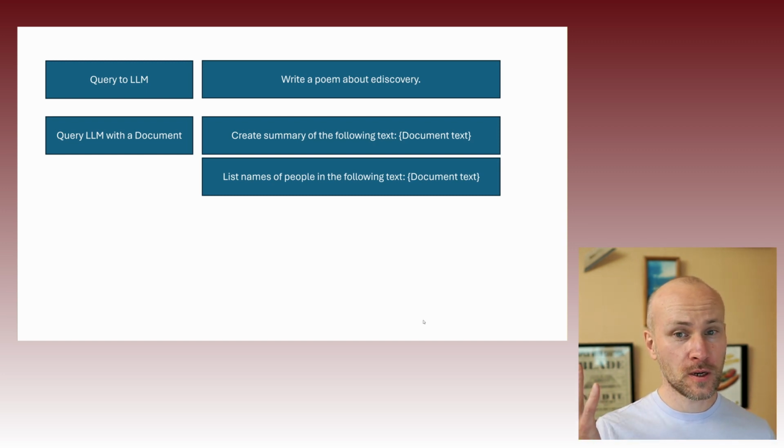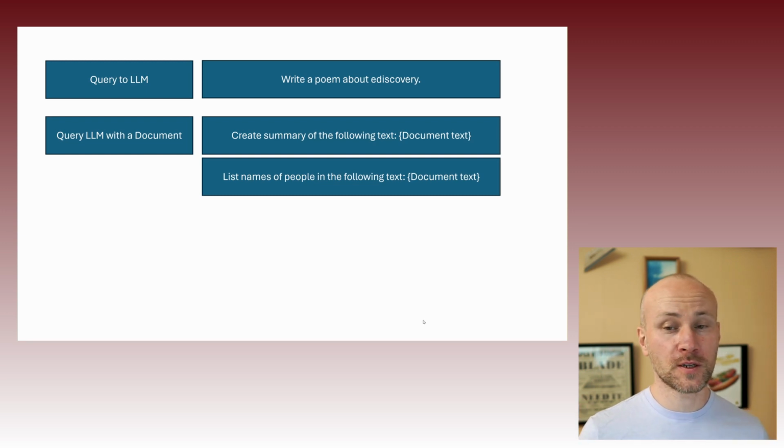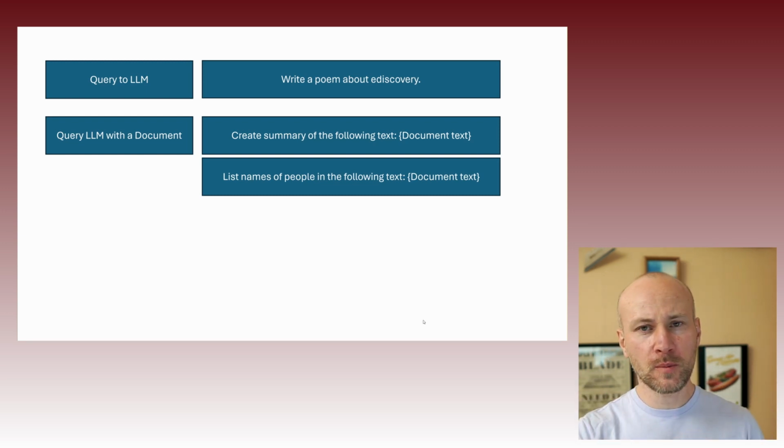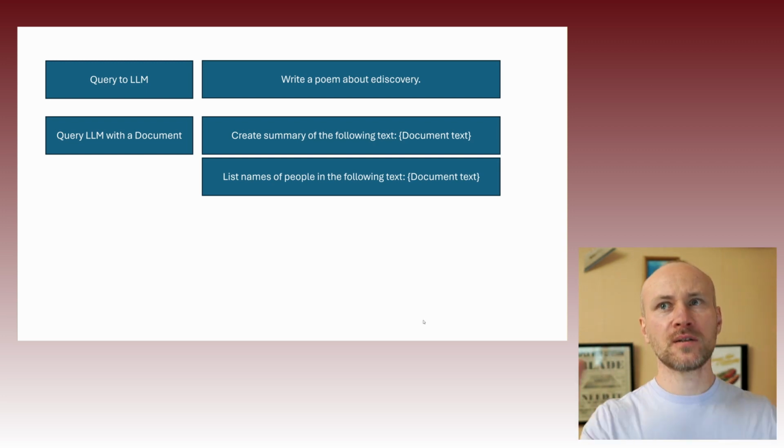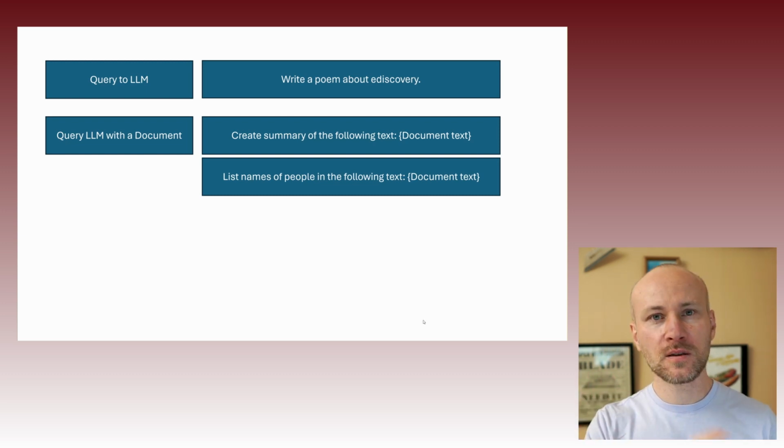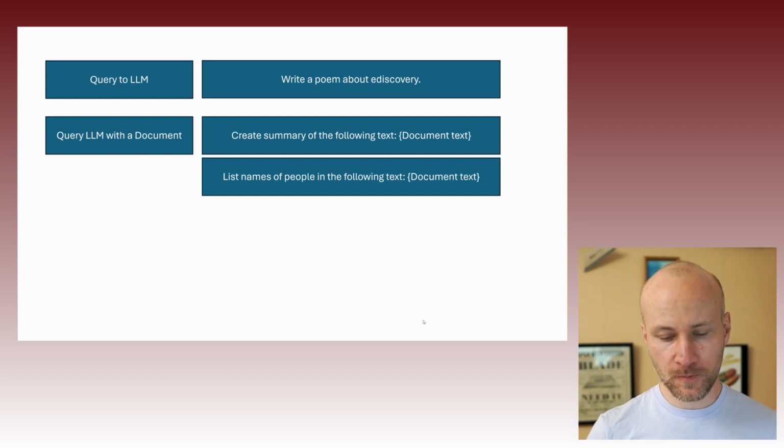This is how Relativity's AIR works, how VLM works, and a bunch of others. We take in the prompt, combine it with the document, and send it to a model. That's what I want you to think of right now: we never just send in an empty prompt, like give me a poem, that makes no sense. We always need something that we're talking about.